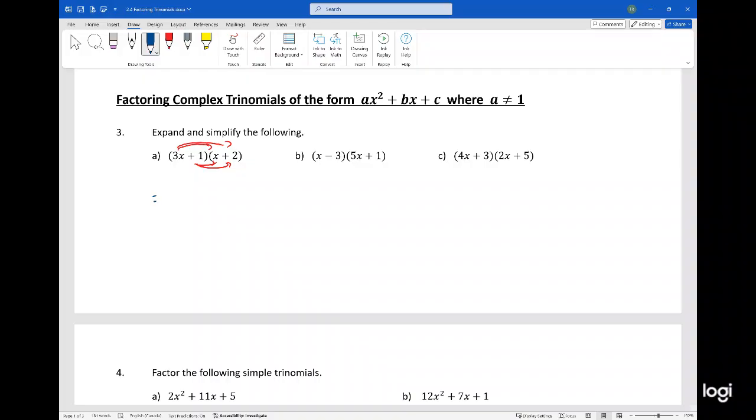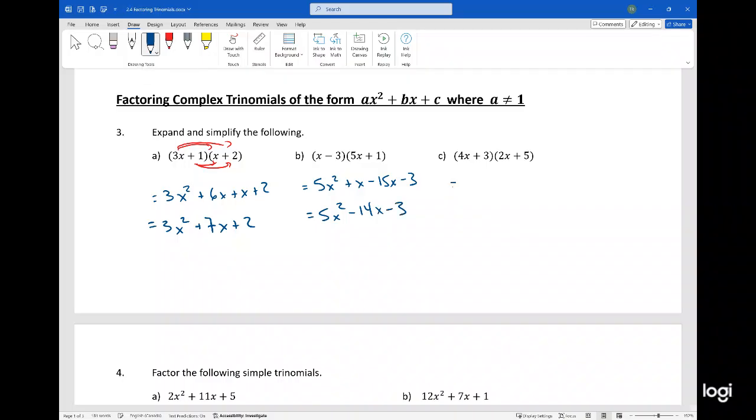When I expand this out, I get a 3x squared plus 6x plus x plus 2, which is 3x squared plus 7x plus 2. This one, x times 5x is 5x squared plus x minus 15x minus 3, which is 5x squared minus 14x minus 3.